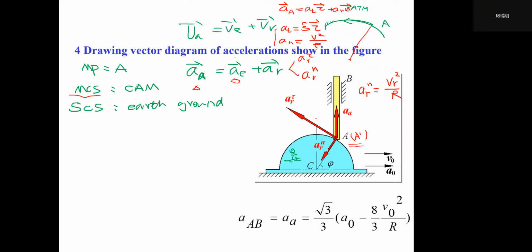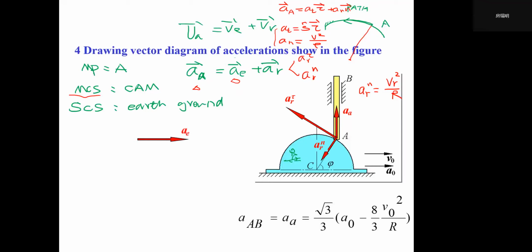So when we talk about this, I will erase this here. Actually we will find that because this cam has a translational motion, any other point will always have the same velocity v0 and the same acceleration a0.